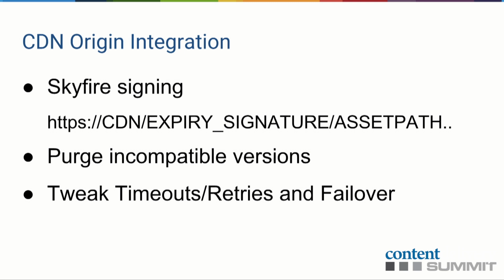So this was packing into the path the expiry and the signature, and the signature is based on the asset path, which is usually the video and all its renditions, and the expiry is that the CDN validates this URL and makes sure that it's authorized, and then it strips out the first expiry and signature from the path and sends it to the origin. And we talked about how we authenticate the CDNs as well.